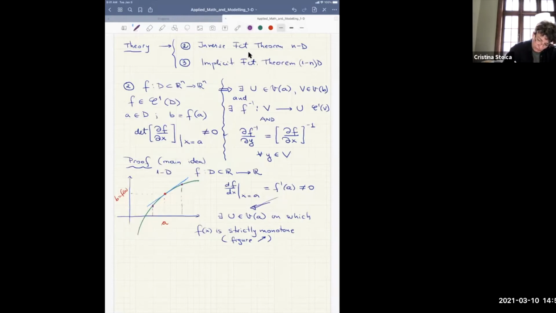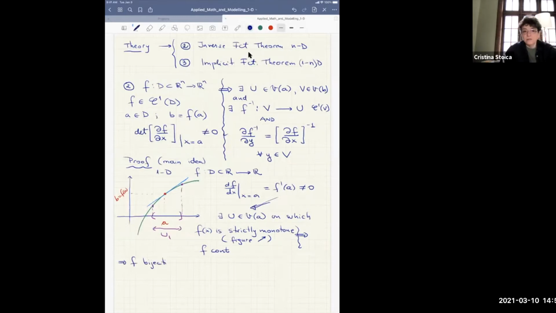So this guy here is U1. And now because F is also continuous, we get that f is a bijection, right?